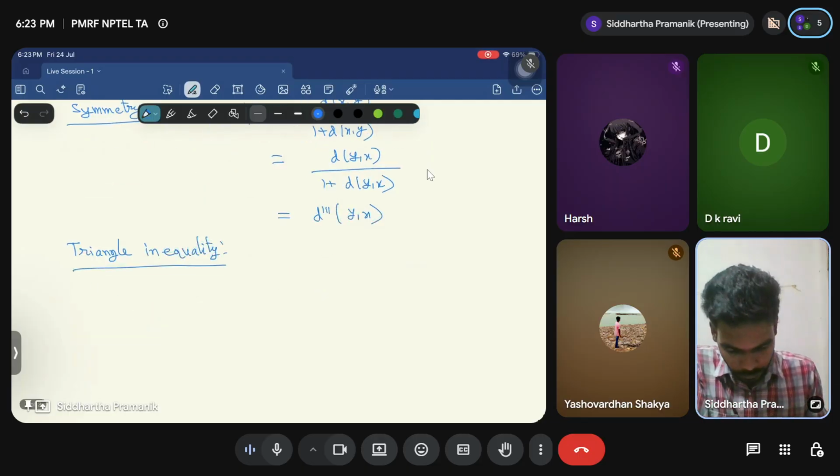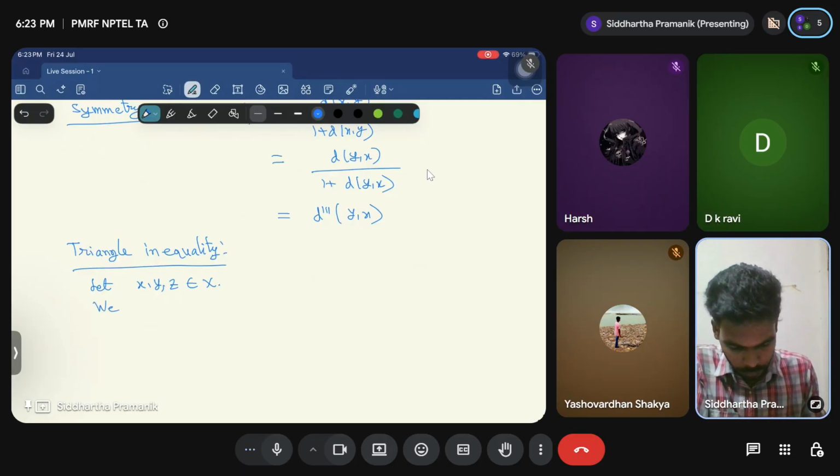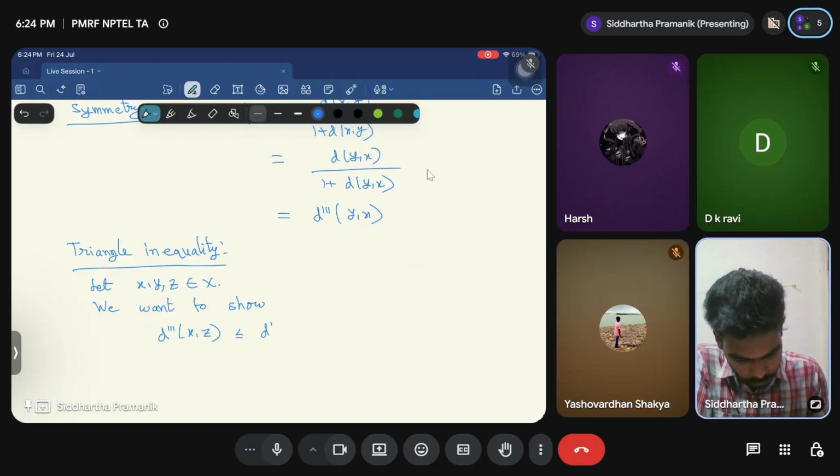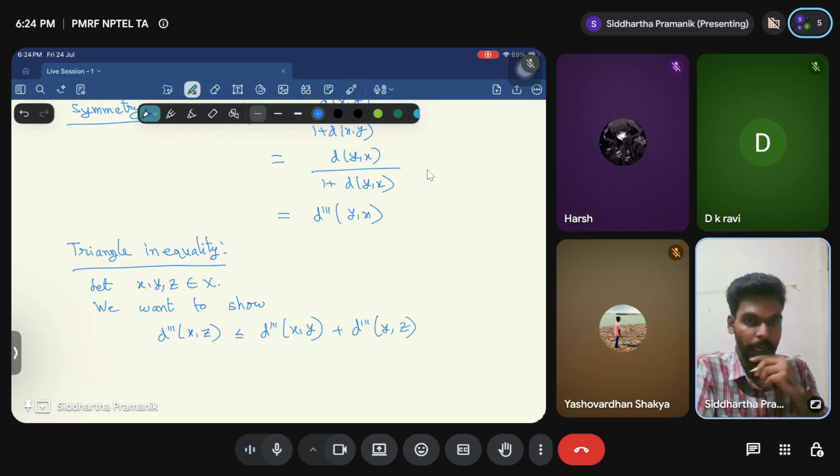So let's take 3 points x, y, z from the set X. Now let's see what we have to prove. So we want to show d triple prime of x, z is less than or equal to d triple prime of x, y plus d triple prime of y, z. And what is this thing?